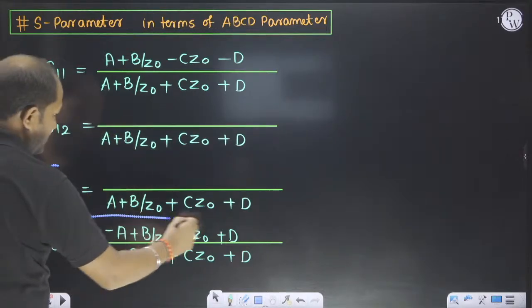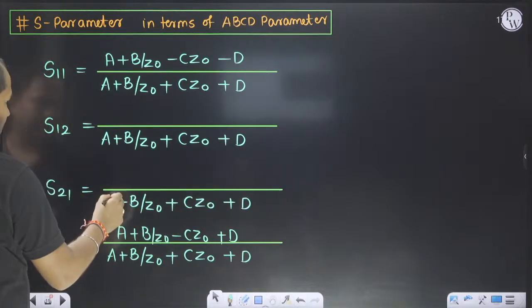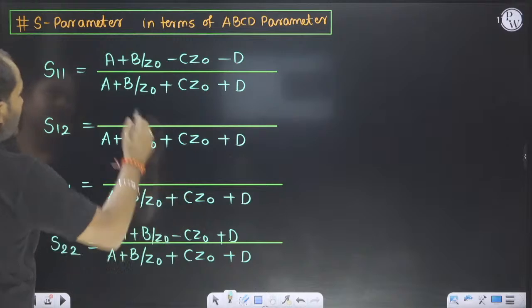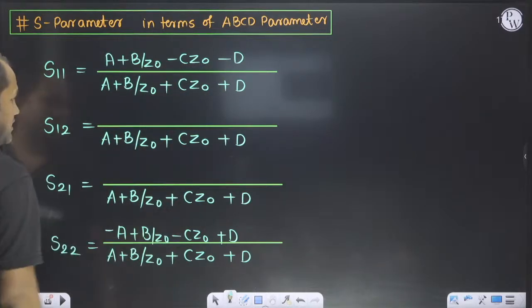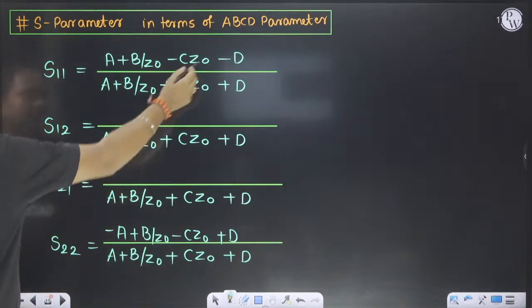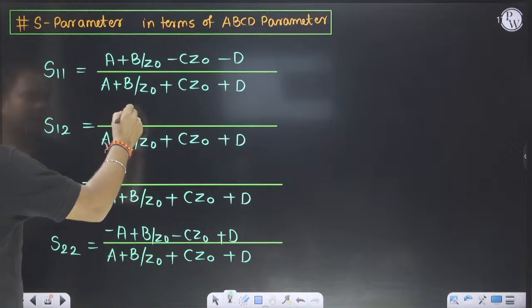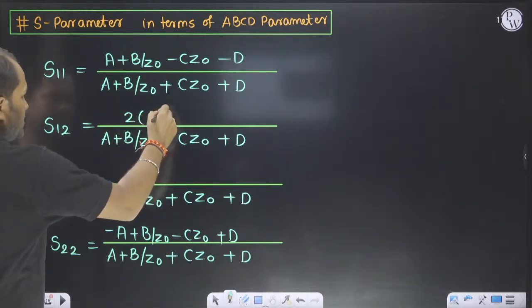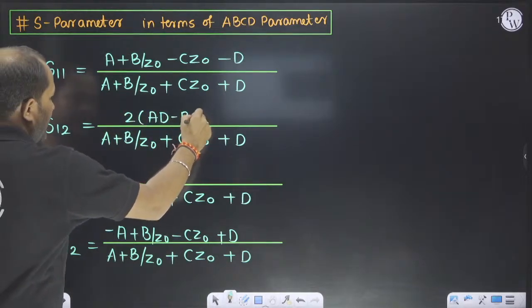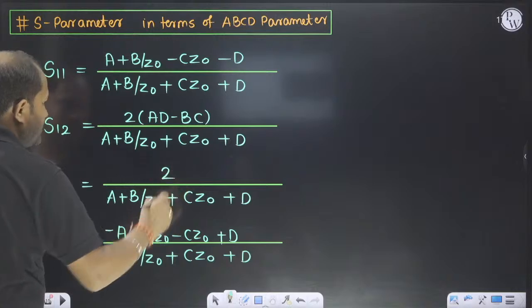One has A plus B minus C minus D. Here A will be minus, D will be plus. Like that you can remember. Then you can remember the formula for S12, which is 2 times AD minus BC, and here it is 2.